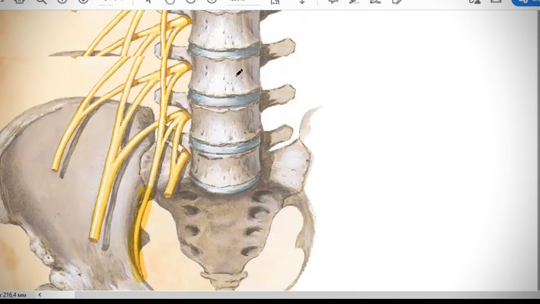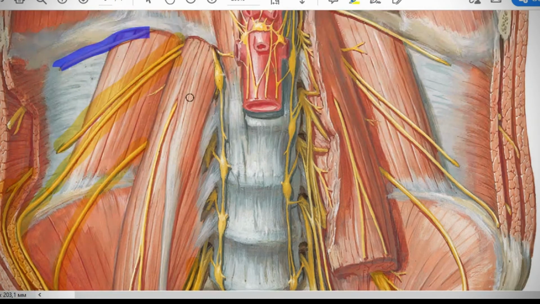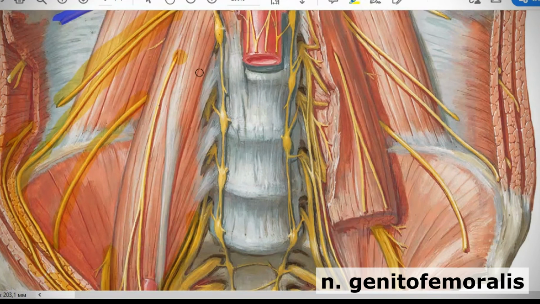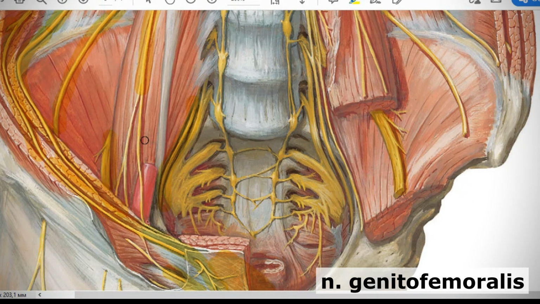And the last one is the nerve that actually penetrates your musculus psoas major. It's called nervus genitofemoralis. The genitofemoral nerve goes through this muscle, then lies on its anterior surface and goes down, until the lower part, and there it divides into two branches. The genitofemoral nerve is easy, it divides into genital and femoral branches.